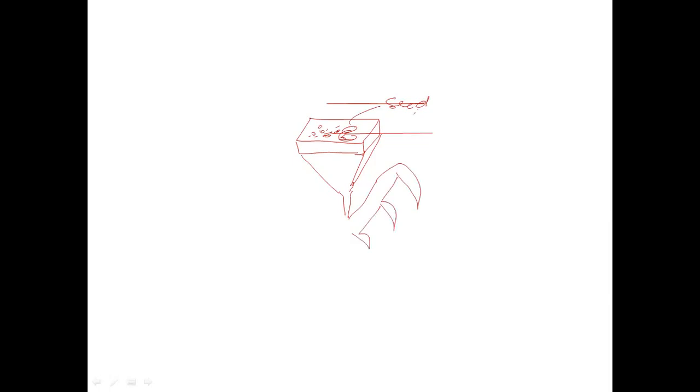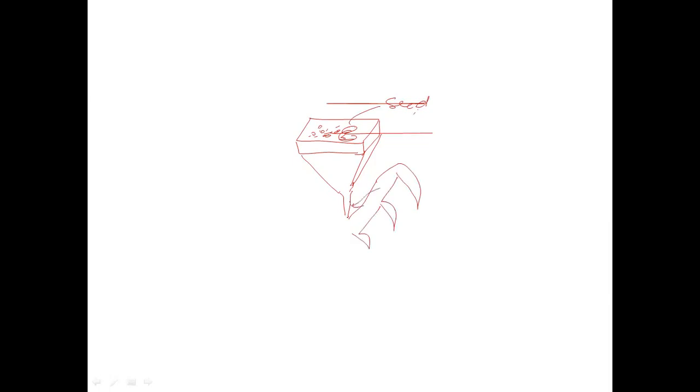See what is happening. They have got a structure like this. They put seeds in it. So this was basically a seed drill.